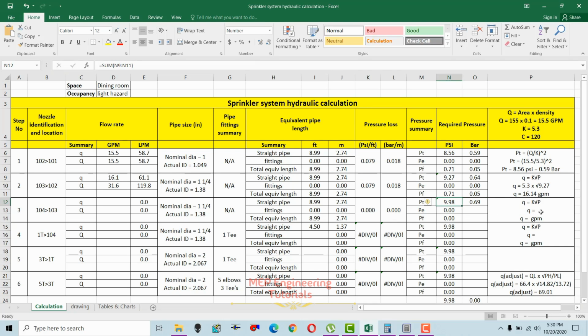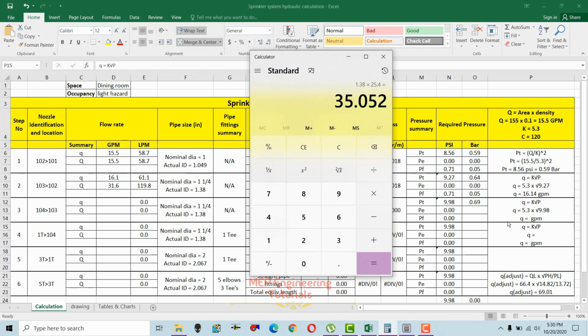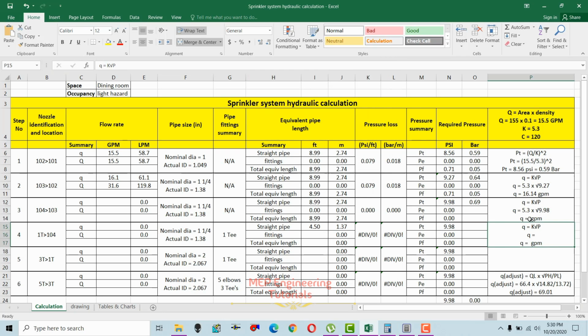So Q is equal to K square root of P. To calculate the Q value again, K is 5.3, 5.3 cross square root of P. Total pressure you can see is 9.98. So 9.98 square root multiplied by 5.3, 16.74 GPM. So you can write in here 16.74 GPM.